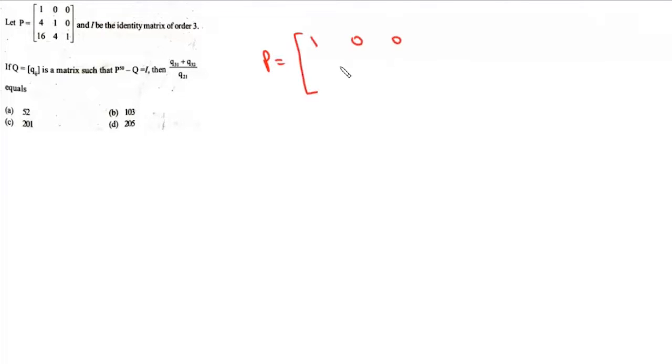Now here the question is, we are given this matrix P, which is 1 0 0, 4 1 0, 16 4 1, and it says Q is a matrix such that P to the power 50 minus Q is equal to I. Then we need to find Q31 plus Q32 upon Q21.